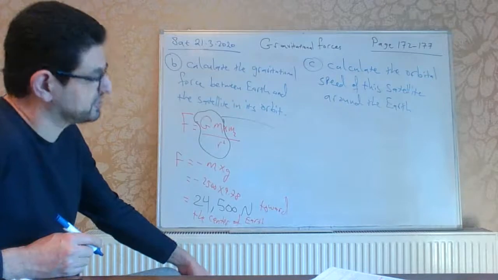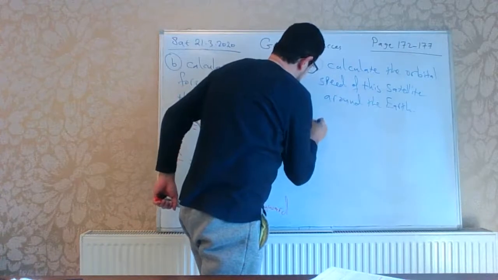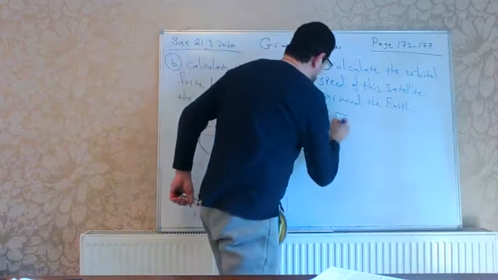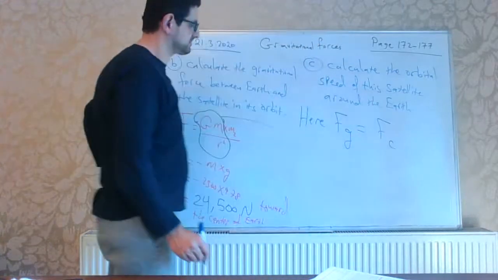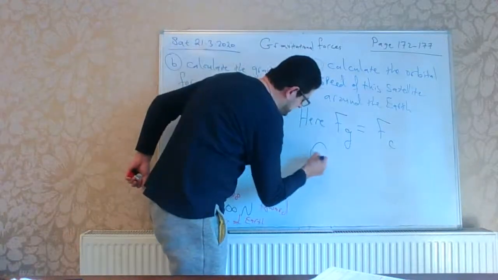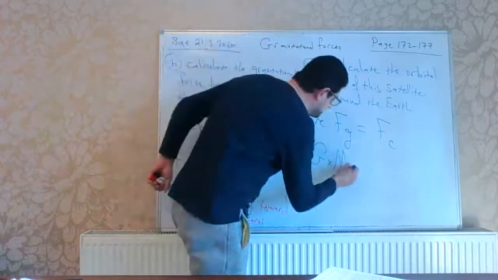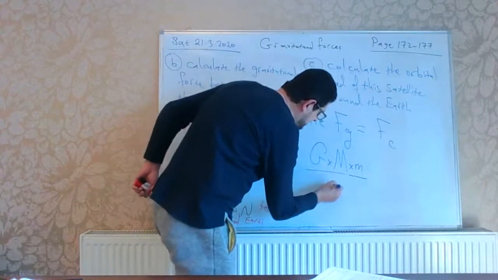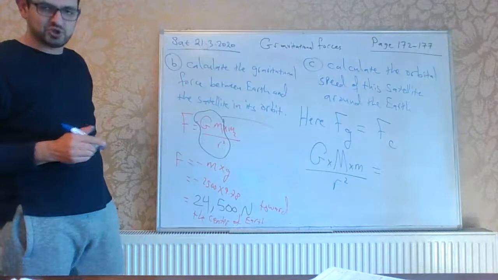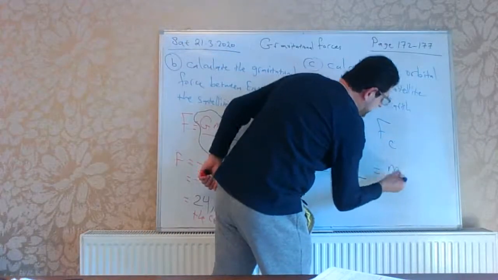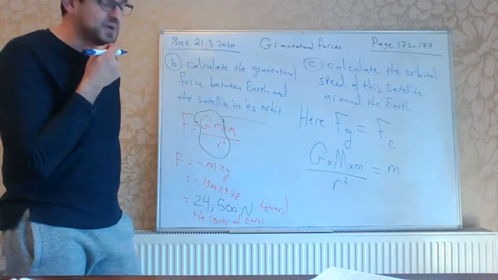Centripetal force. Absolutely right. So here the force of gravity is causing a centripetal force. So G times the mass of the Earth times the mass of the satellite divided by the distance squared, this is the total distance, should equal the centripetal force, mv squared over r.